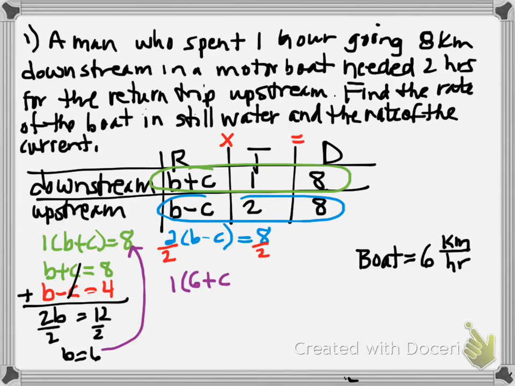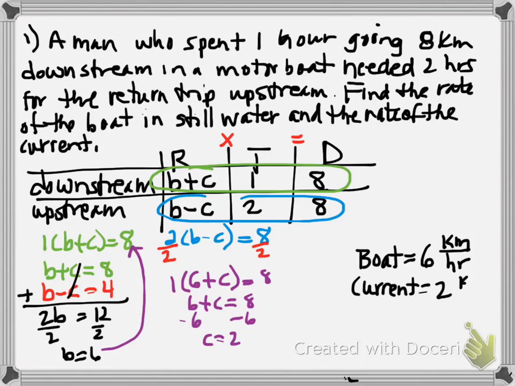So we're going to substitute in 6 for B, and then solve it. So we have 6 plus C equals 8, subtract 6 from both sides, and we get C equals 2. So we would write the answer as current equals 2 kilometers per hour. So make sure you do not put variables in the answer here. You write out the words.